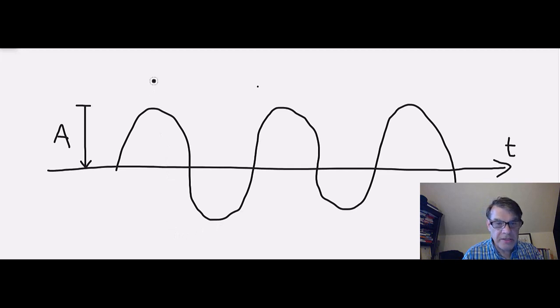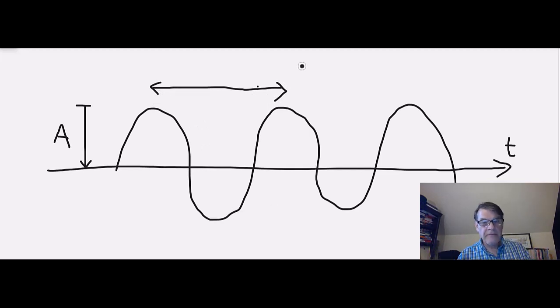Another aspect is if you go from one point, let's call it this point right here, to the equivalent point on the next wave, we could have done it from here to here, because even though I've not drawn it well, you get the basic point. It's a cycle. It keeps cycling.